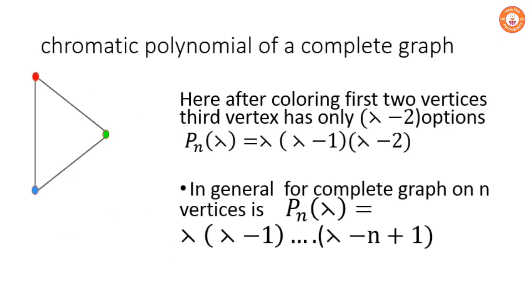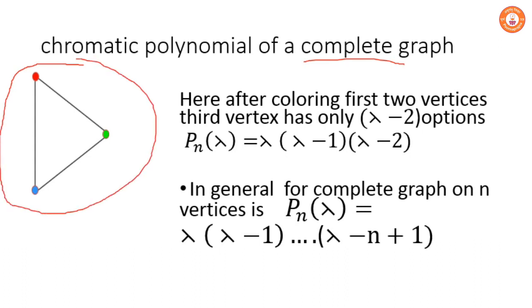We will see some important results. Chromatic polynomial of a complete graph. What do you mean by complete graph? A graph is said to be complete if any two vertices are adjacent. See, this example is of a 3 vertices graph which is complete. So here the first vertex can be given lambda colors.